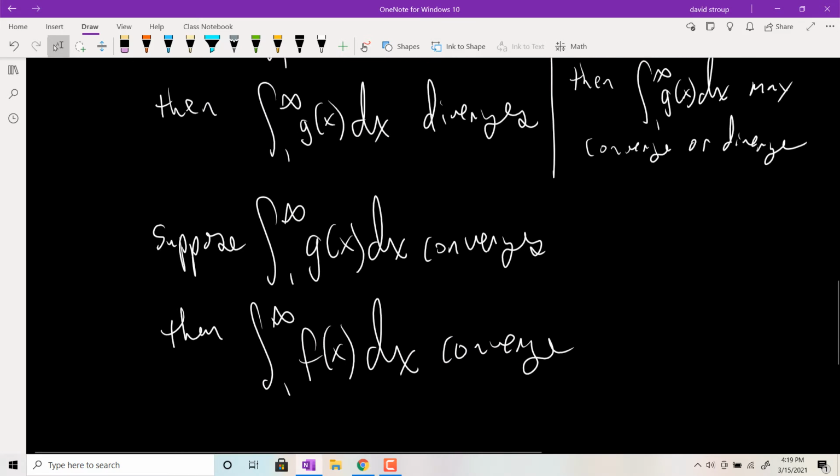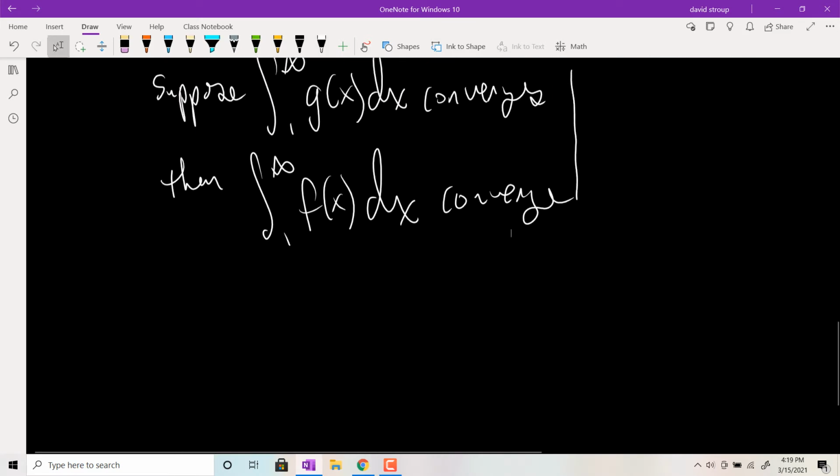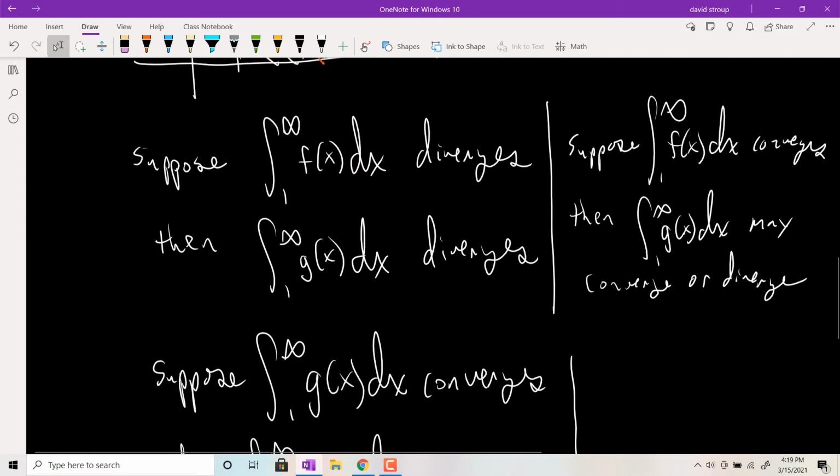And again, you could also make this other statement: if you suppose that the area underneath g of x is divergent, you really can't say anything about f of x.